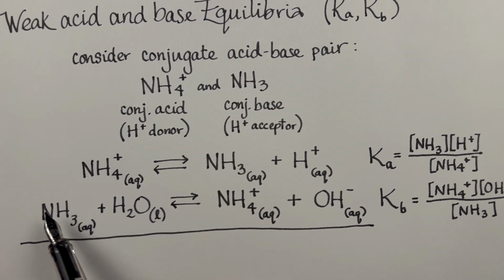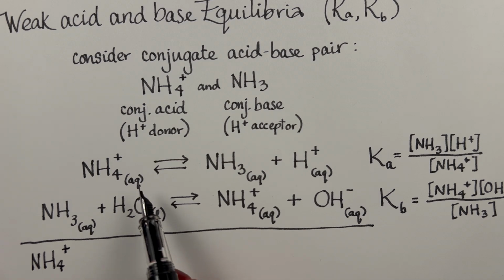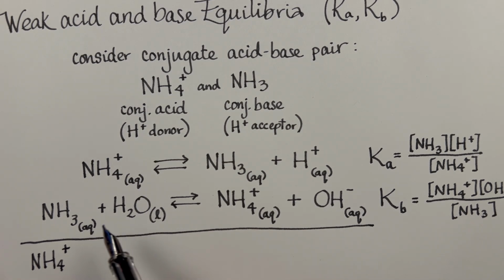Why don't we just write these all out? All of the reactants we can include here. So we have our NH4 plus, and I'm going to be lazy. I'm going to now exclude the phases, okay? We're going to just make room here for everything that we have.